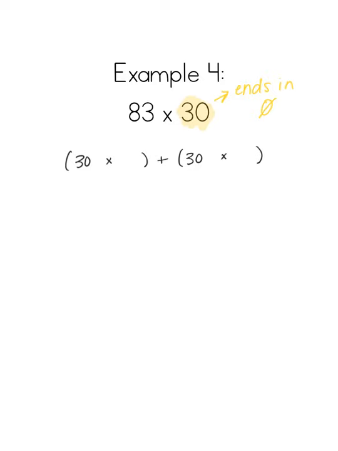Then I'm going to have to break the number 83 up into groups. And you'll notice that 83 is a 2-digit number. And since that's a 2-digit number that I'm breaking up, when I break it up by place value, it's going to get broken up into 2 groups. Which is why I have 2 sets of parentheses.